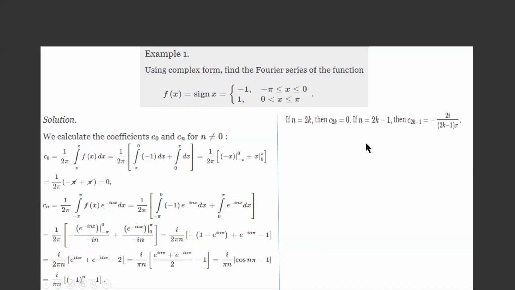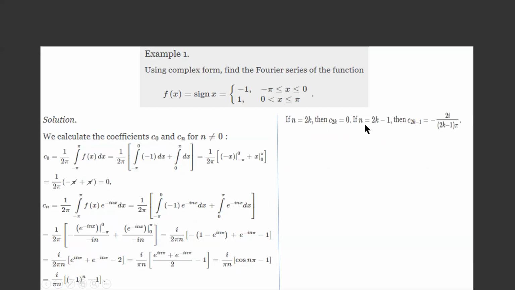Now I have to distinguish, as I said here, between two types of n, the even n and the odd n. So it is better to let n equal 2k as an even number. For the even number, I will have 1 here, and I have minus 1 here, so you end up with 0 for even numbers.